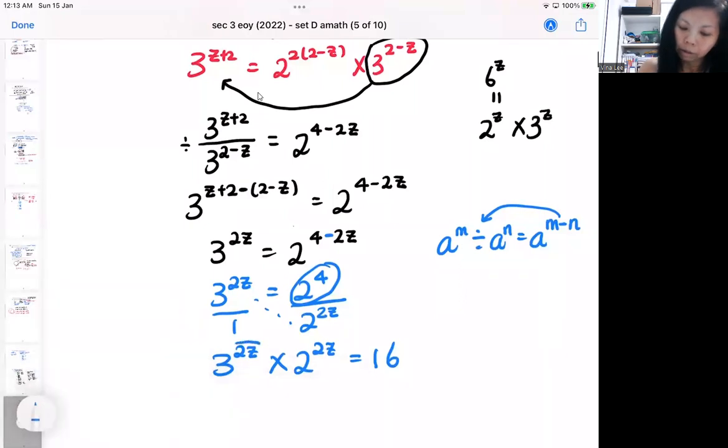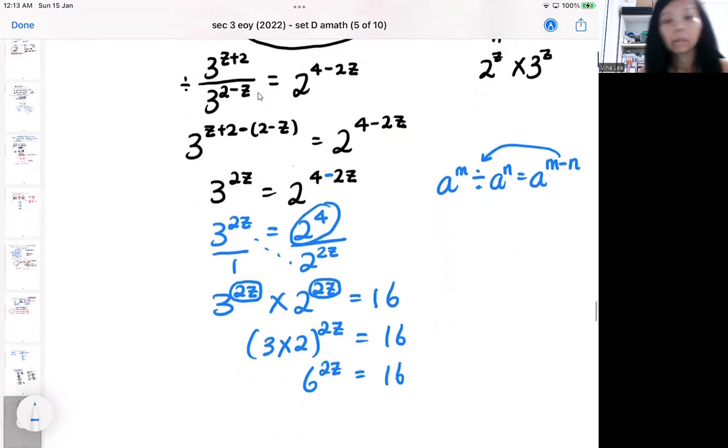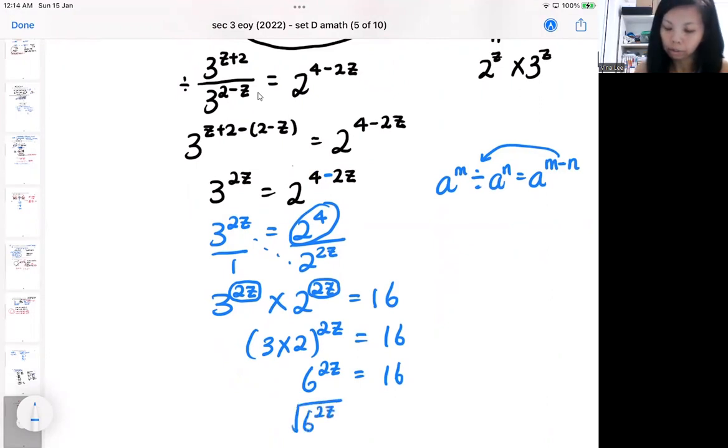After this, you realize that it looks like the same power. But your job is to get 6z instead of 2z, so you take the square root, because square root will halve the power.